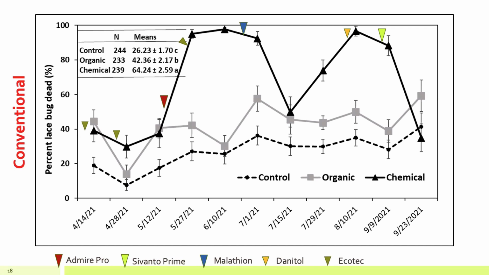And then Ecotech was applied as that organic product into the chemical rotation to fill in the gaps where we couldn't have enough products to cover some of the other months, which had some mixed results within that particular treatment. And then we also got a sample of Pure Crop 1 at this time, and we're trying to see how well that product would work in our rotation as well.